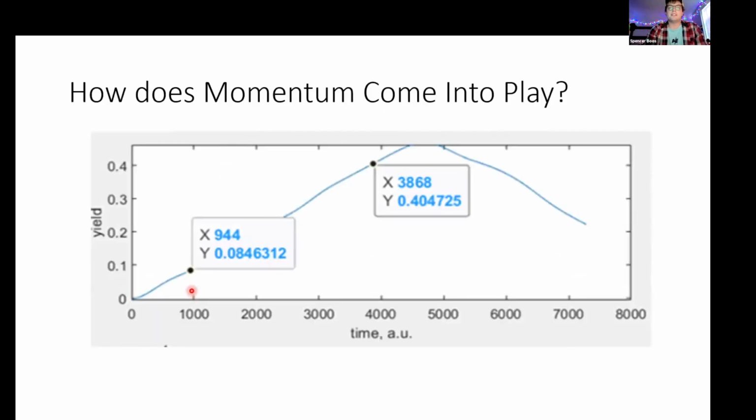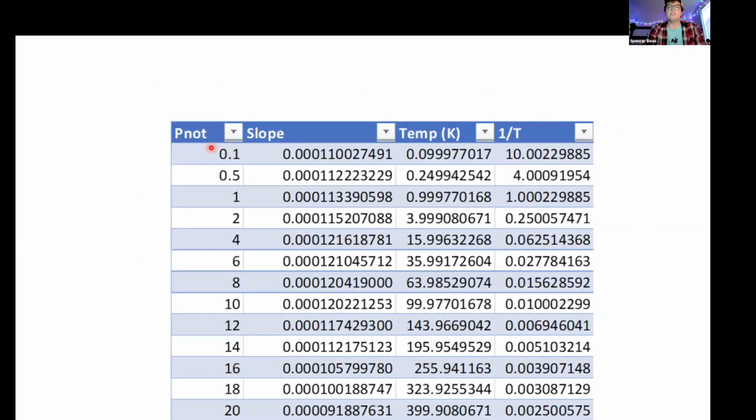Again, that's how the momentum comes into play. It'll affect the yield versus the time in atomic units. For this, I chose a series of different momentums, again within atomic units, all the way from 0.1 to 20. And as you can see from this slope over here, it kind of does like a parabola almost.